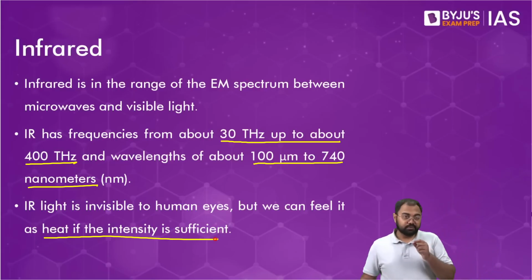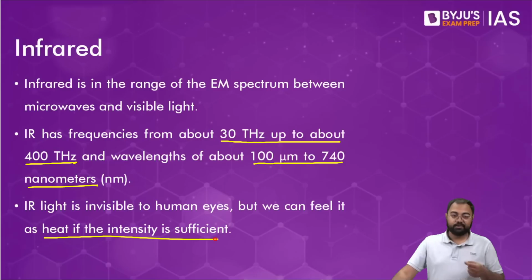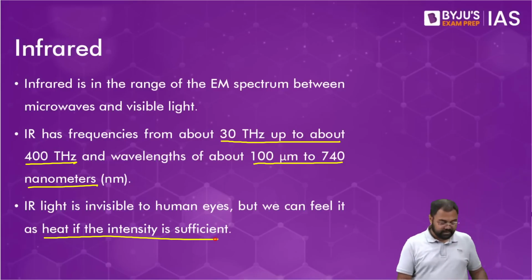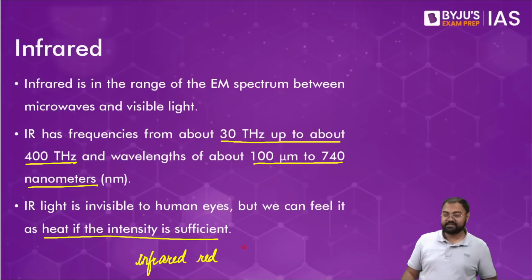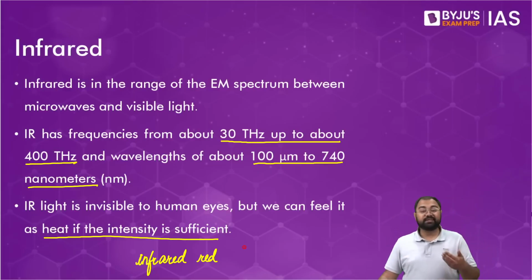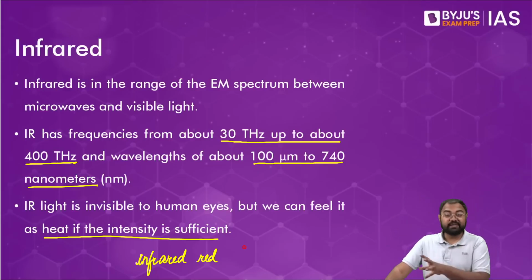Now, this heat property of infrared is also useful. For example, we have infrared cameras, or night vision cameras, which are used in places where visible light is absent.